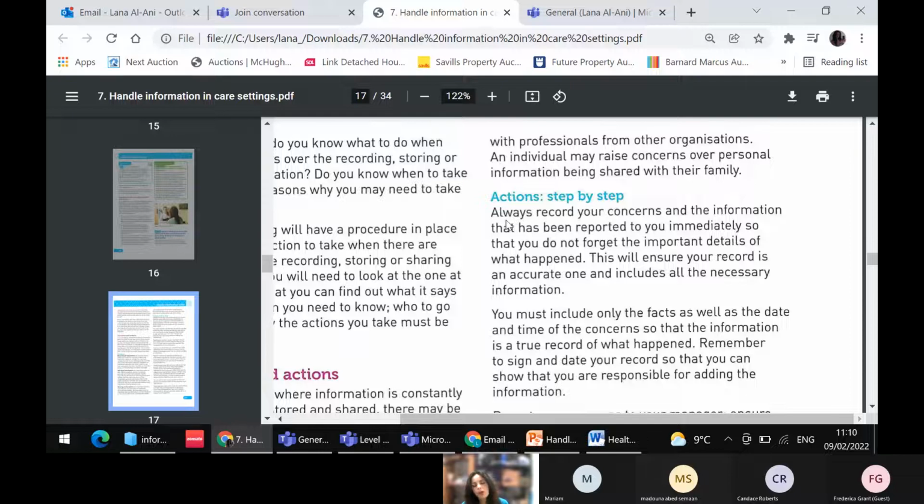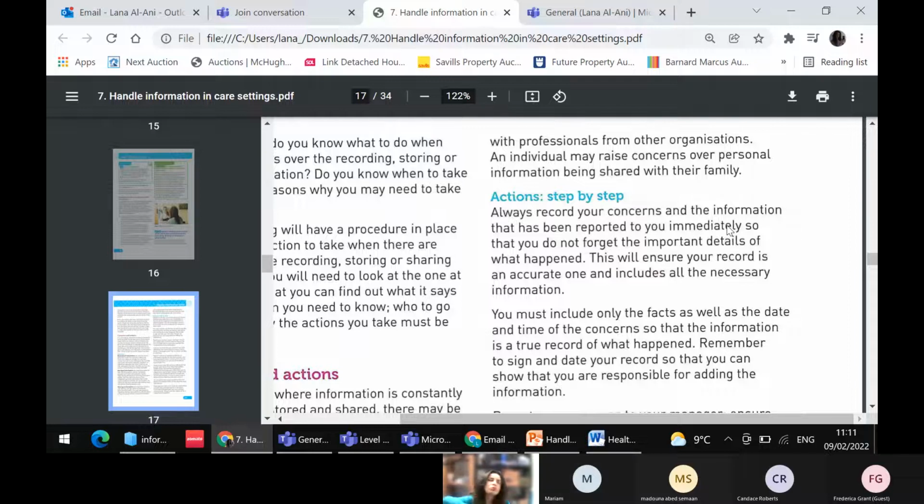Here, first of all, always record your concerns and the information that has been reported to you immediately, so that you do not forget the important details. So let us say I have a problem with the database, something doesn't save, and now we are losing lots of data.